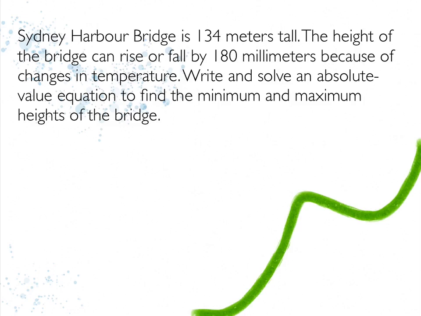Now there's really two ways we can go about doing this. First we'll have to convert 180 millimeters into meters. And without going crazy into any conversion factors, 180 millimeters, you have to divide by 1,000 here. And that's going to get us 0.18 meters.